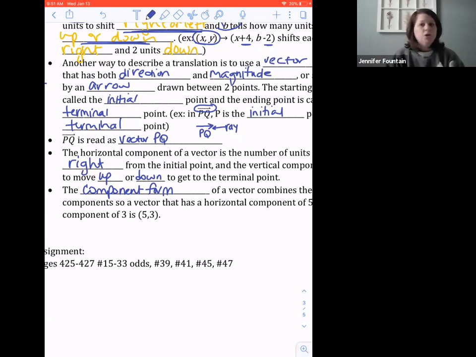Because you can't expect to learn new information and have it stick if you don't practice with it. Just like when you first started learning to solve for X and you had 3X plus 5 equals 19 or whatever, you had to practice continually. I've got to subtract and then I've got to divide, or whatever I do to be able to solve for X. You weren't expected to immediately go, oh, this is how you do it, and then remember it every single time. You had to practice and learn it and practice and learn it. Same thing here, okay? It's a brand new set of terminology, so you've got to just take some time to learn it.